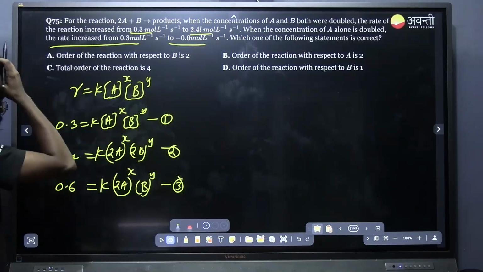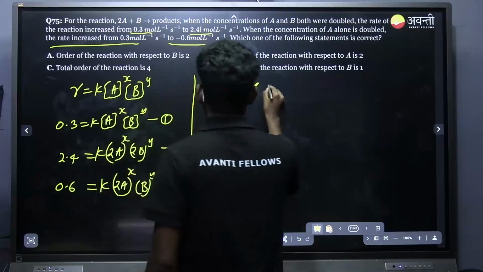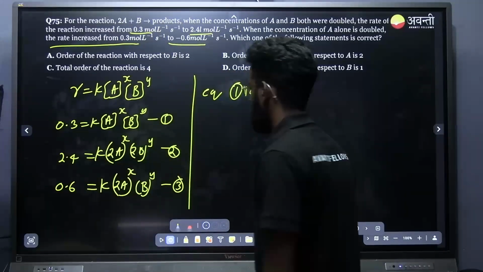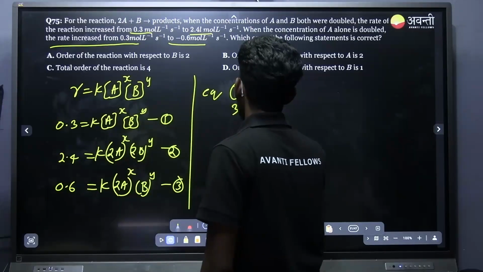I am just comparing equation 1 and 3. On comparing equation 1 and 3, what I am doing is dividing equation 3 by 1.